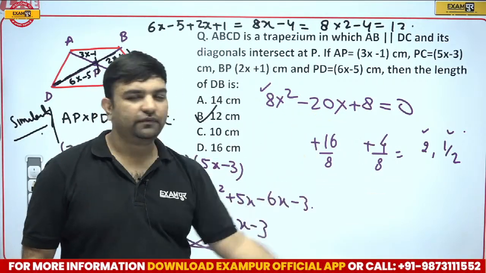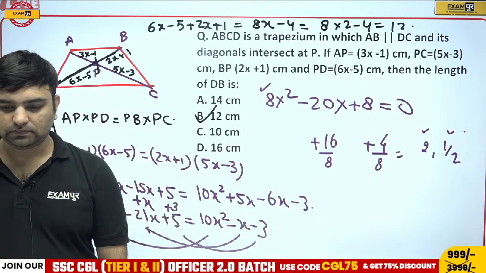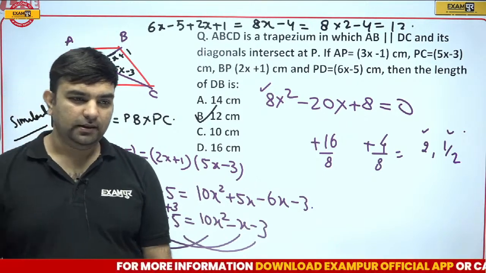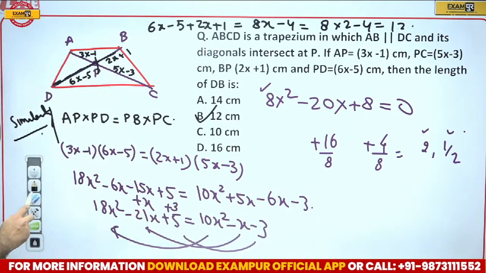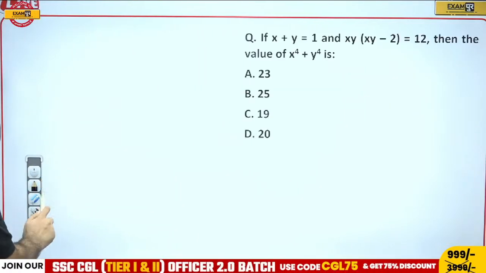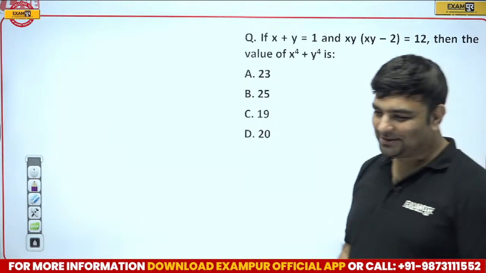Divide by the coefficient of x, 2 and 1 by 2. Okay, perfect. How many 5 stars will come?